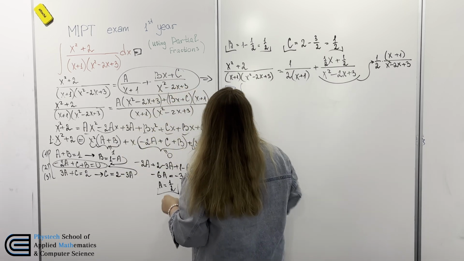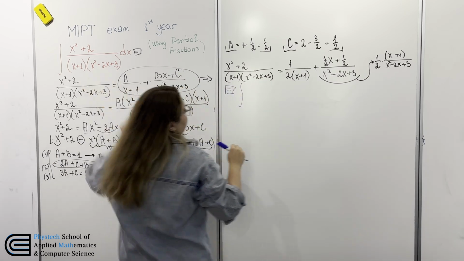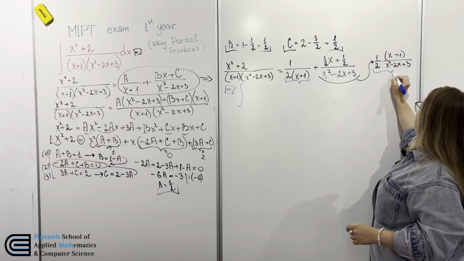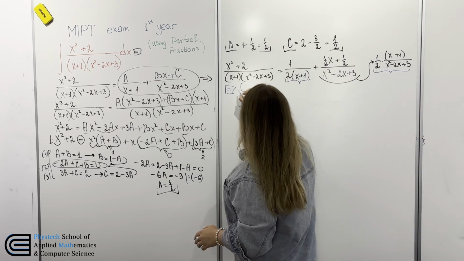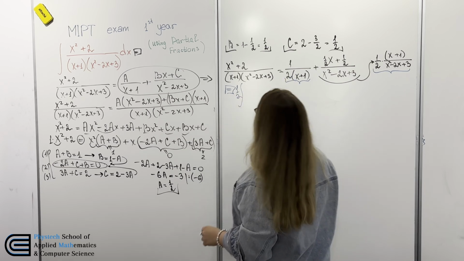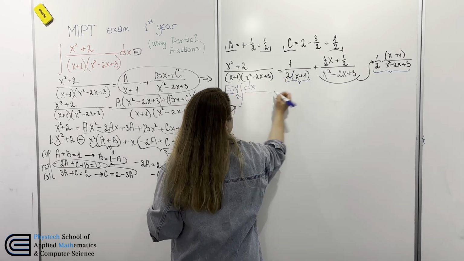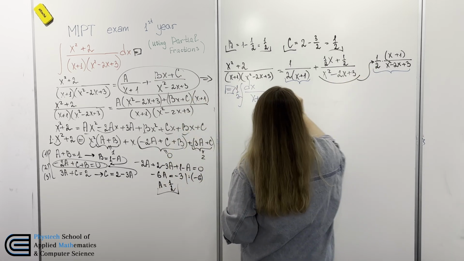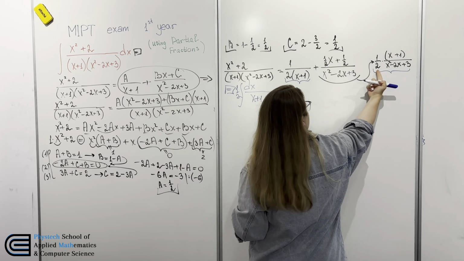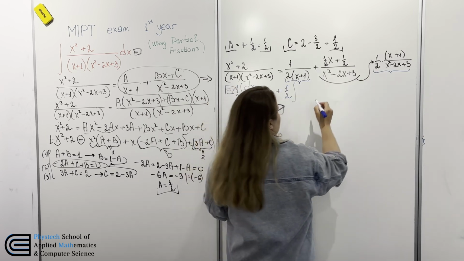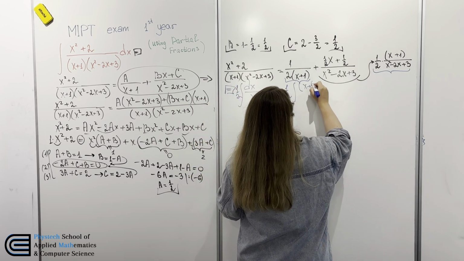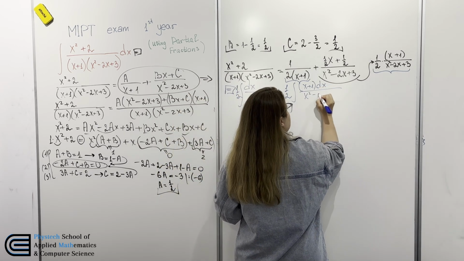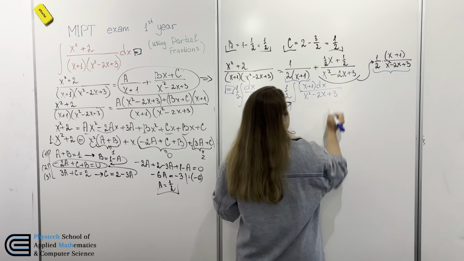So we have the integral of this function, and this function is presented as one part plus another part. So it will be 1 divided by 2, integral of dx divided by x plus 1, then plus 1 divided by 2, integral of (x plus 1) dx divided by x squared minus 2x plus 3.